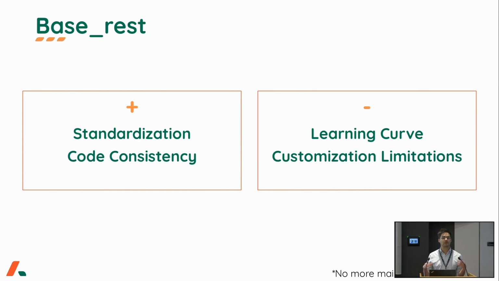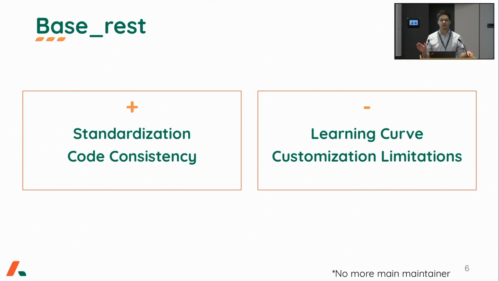It's still available on the repository REST framework, but Laurent Mignon is no longer the main maintainer of it, so there is no main maintainer of base REST anymore. So we advise you to switch to FastAPI if you are willing to create a new API.